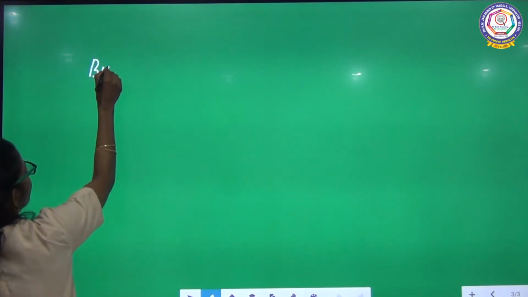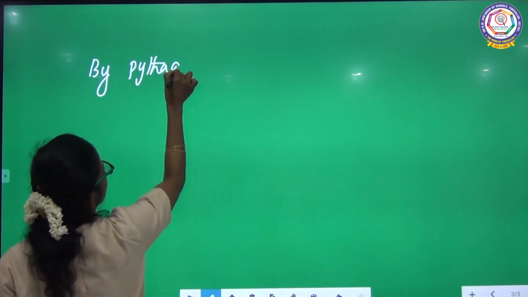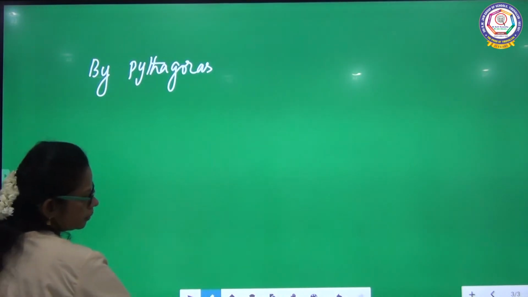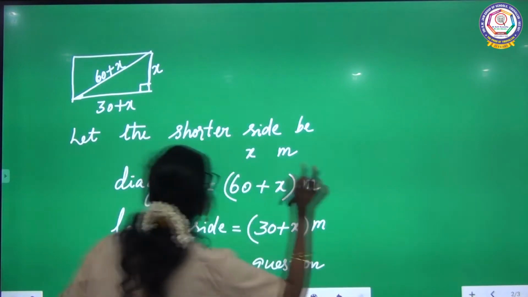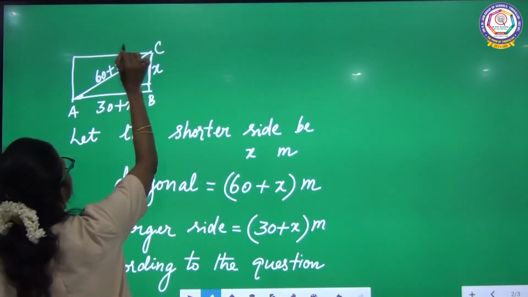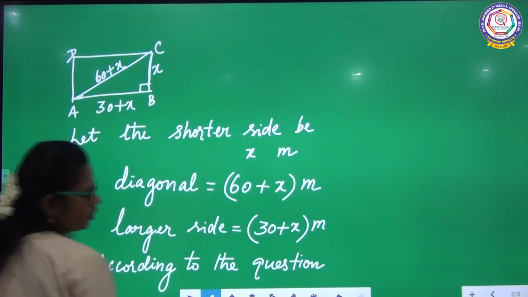By Pythagoras, if you want, you can label it A, B, C, D, but we are going to discuss only the right triangle.